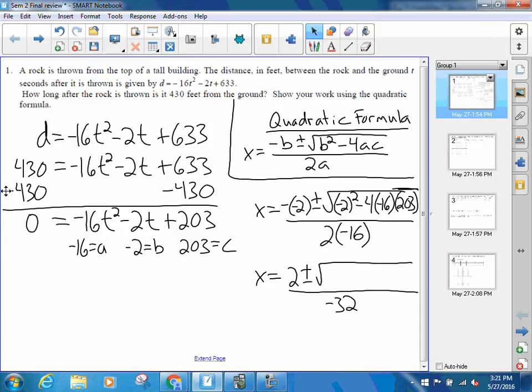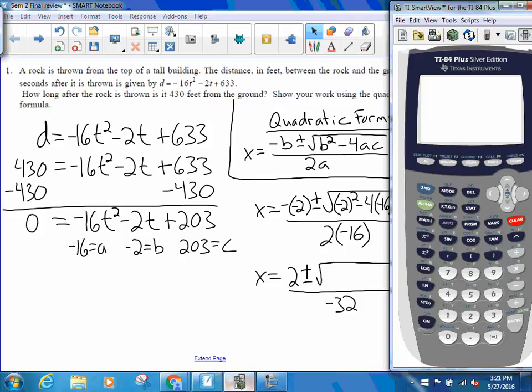All right, now let's deal with the square root. So I'm just going to go to my calculator, and I'm going to type in everything that's under this square root, just the way it looks as I have it written. So I'm going to have parenthesis, negative 2, parenthesis, squared, minus 4, parentheses, negative 16, and then I have my C, which was 203.